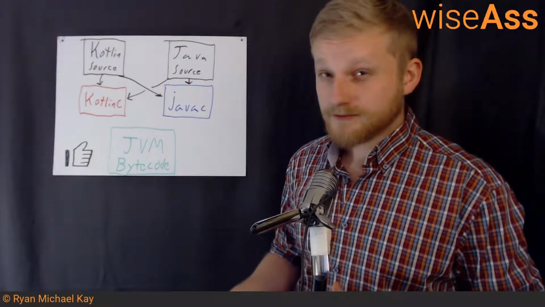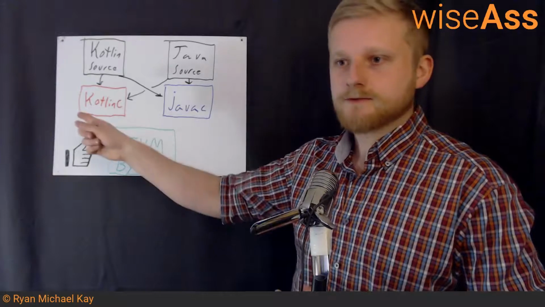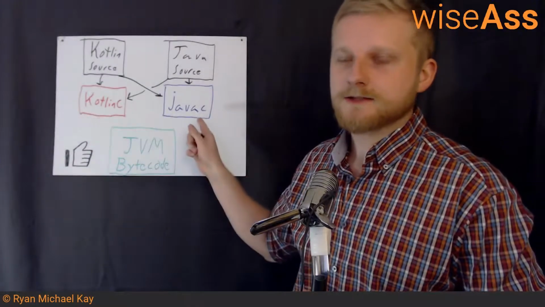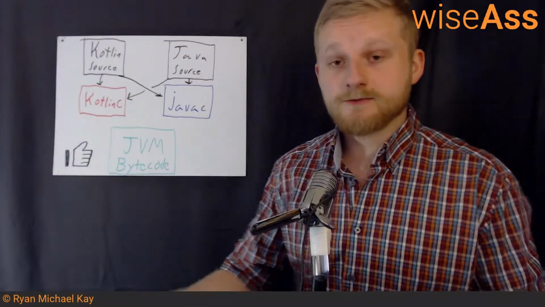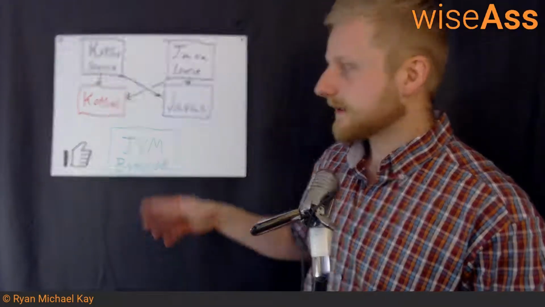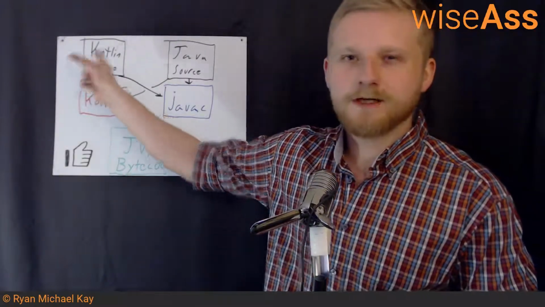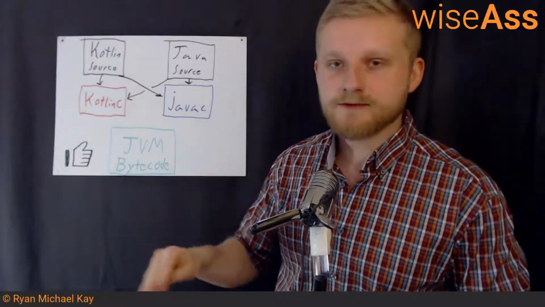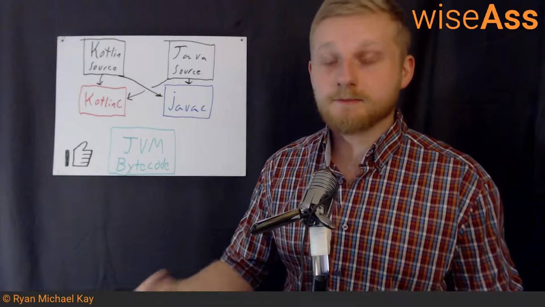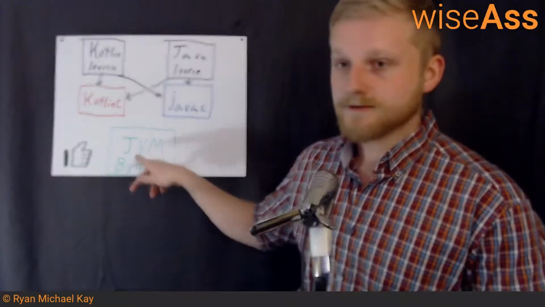Now, I'm actually simplifying this process somewhat, but ultimately, by feeding these different files through both the Kotlin compiler and the Java compiler, the different source files will be able to talk to each other, and ultimately everything gets compiled by the compiler. So compiling basically means going from Kotlin or Java into bytecode in this case, something that the computer can understand a little easier. Ultimately, everything gets compiled to Java bytecode.